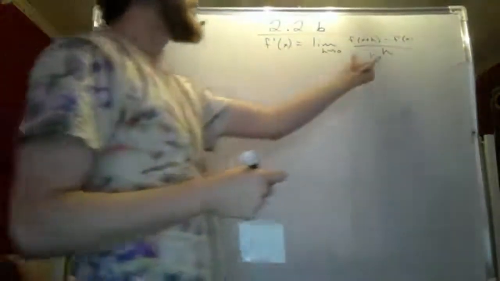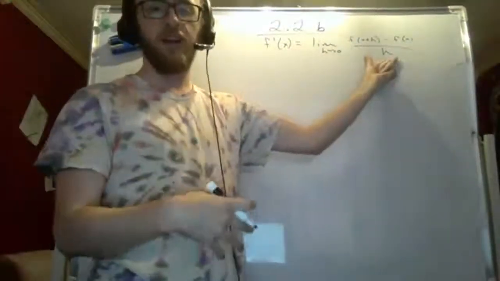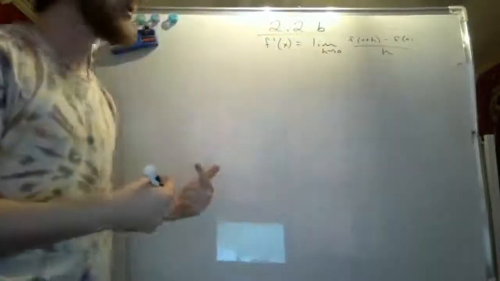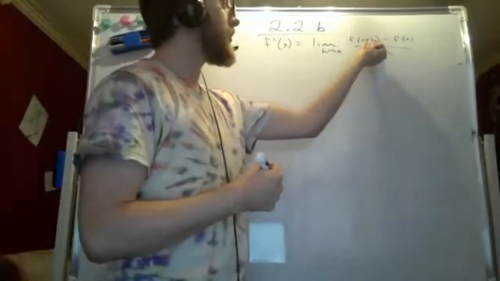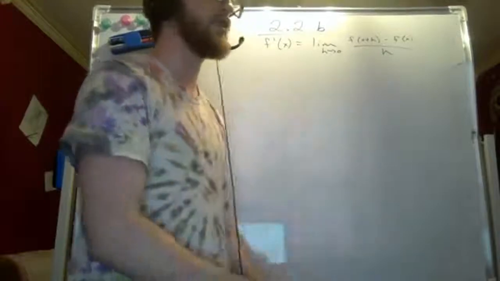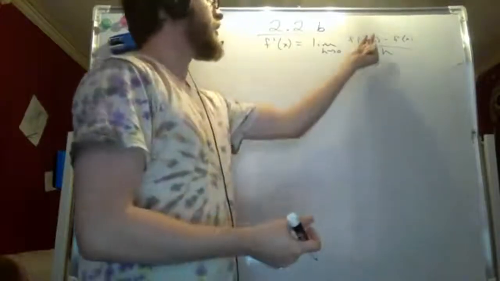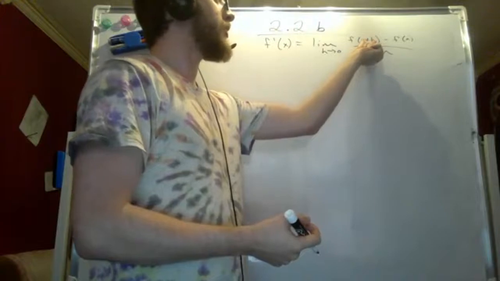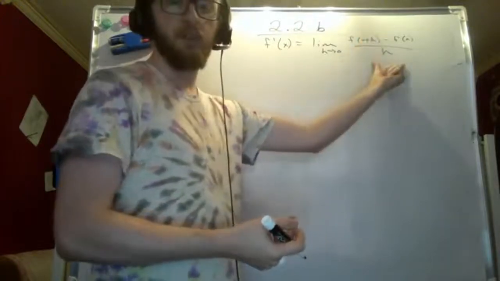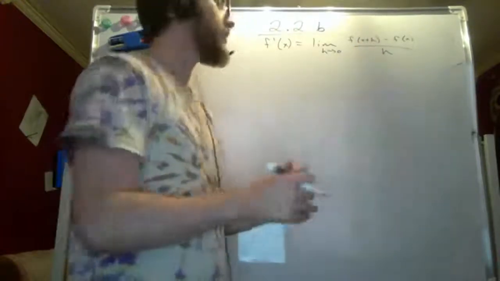And now that we have this definition, you can see why in the earlier sections we were practicing those questions with what it means to plug in x plus h, or x plus 2, x minus 3, whatever. You're going to have to know how to do that correctly in order to find these derivatives correctly. But you're going to see that.